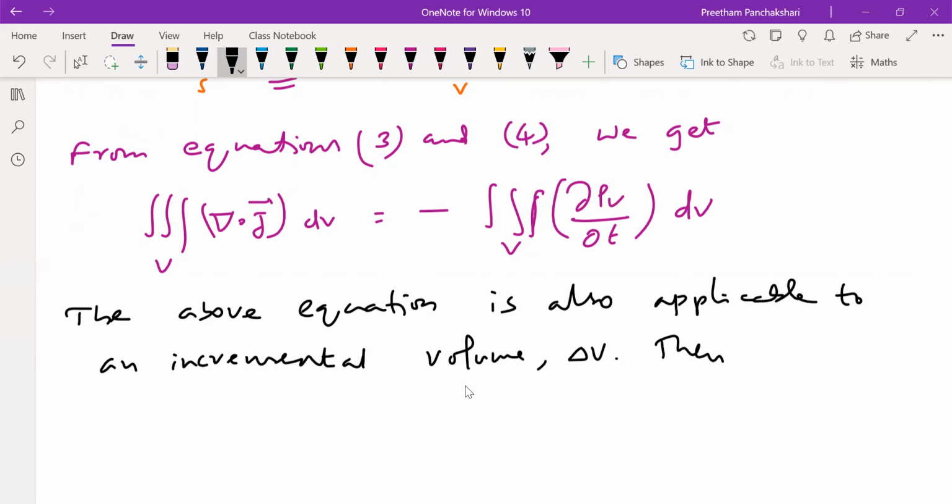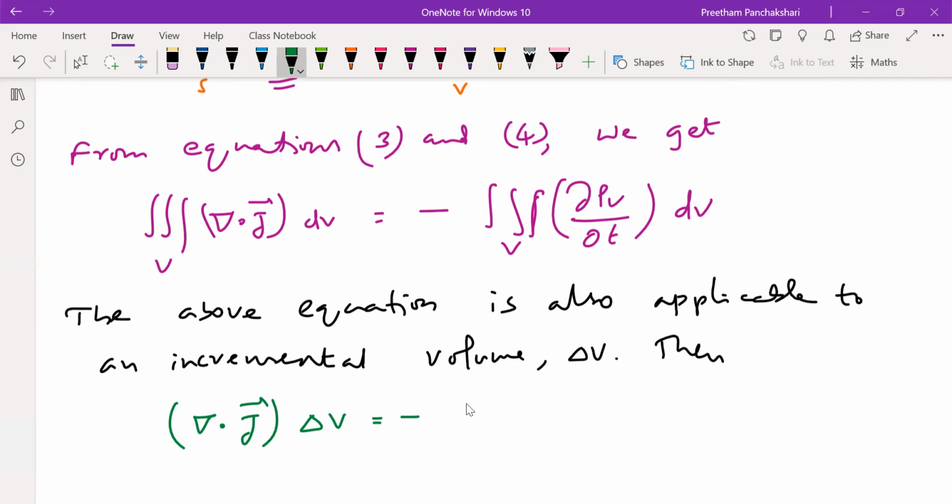Then I can write the above equation as divergence of J into delta V. The triple integral of dV gives the total volume V. Now I replace the triple integral dV by the smaller volume delta V. No integration is required, the volume being small.